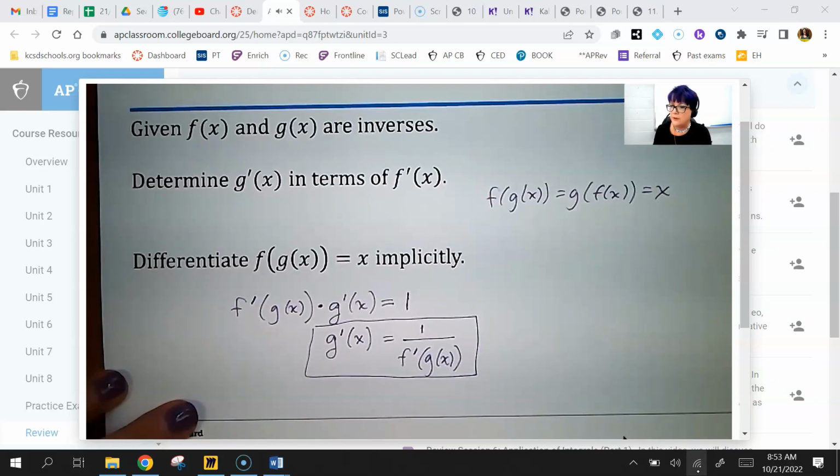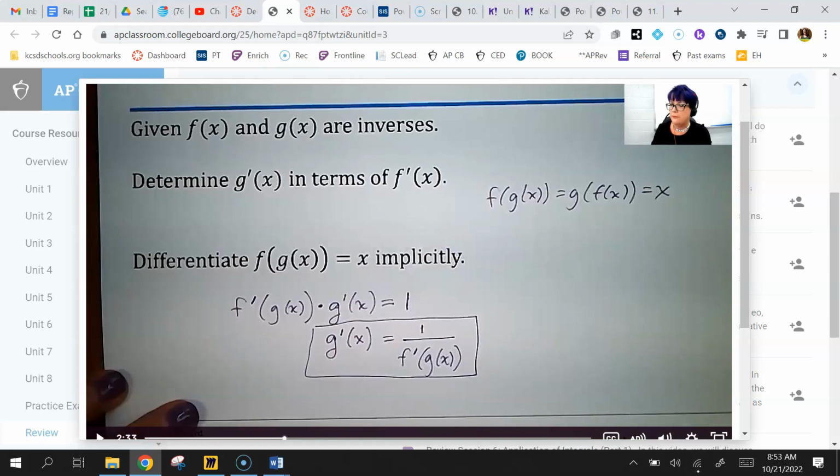I'll write that down. This is usually a multiple choice question where they'll ask you something of this sort. Yeah, what she's got boxed in there. This is only if F and G are inverses of each other.